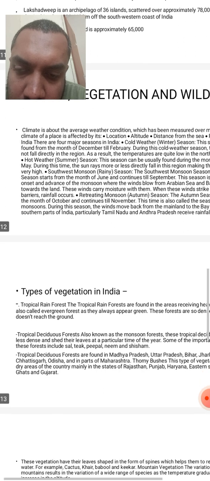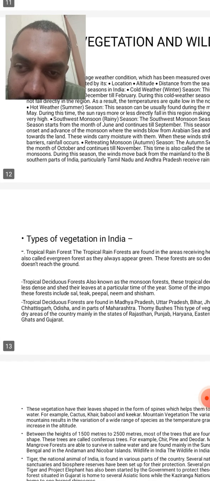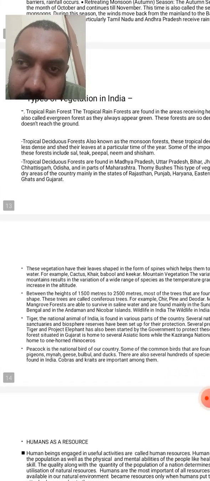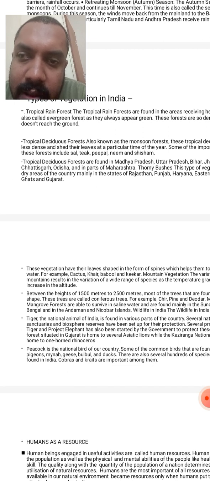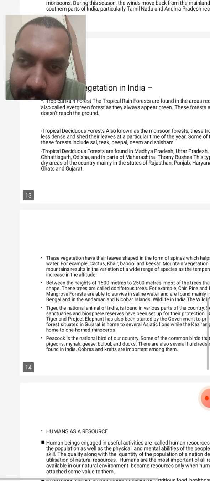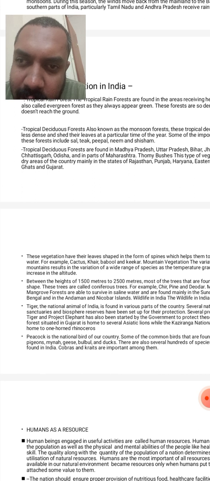The types of vegetation in India are the tropical rainforests and the tropical deciduous forests. The tropical deciduous forests are found in Madhya Pradesh, Uttar Pradesh, Bihar, Jharkhand, Chhattisgarh, Odisha, and parts of Maharashtra.